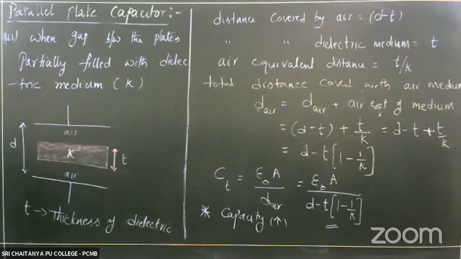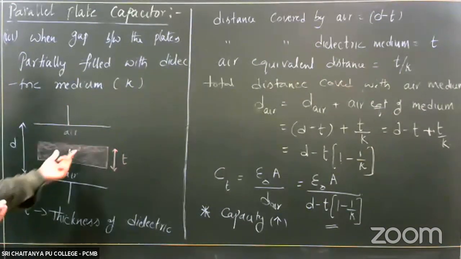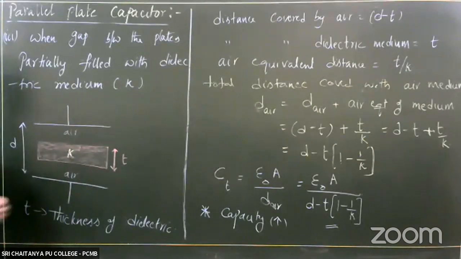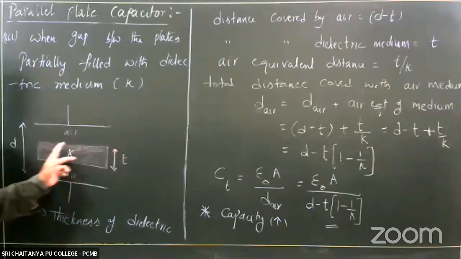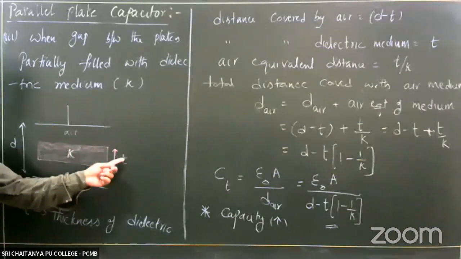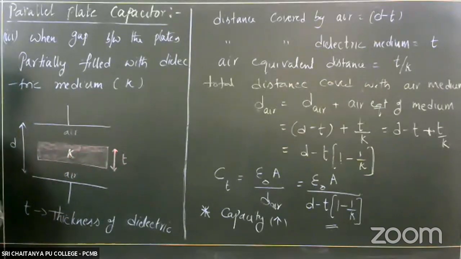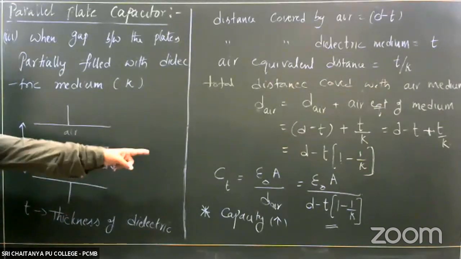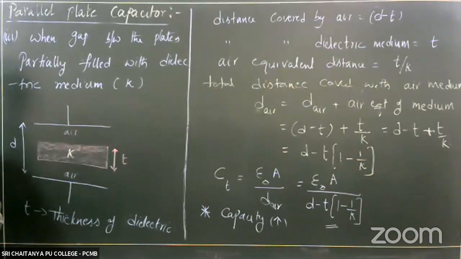Well, based on this, they ask one question. Whenever the gap is filled partially with a dielectric slab of thickness T and dielectric constant K, capacity increased.